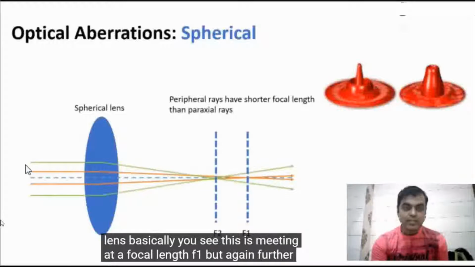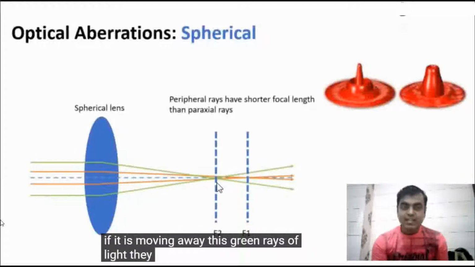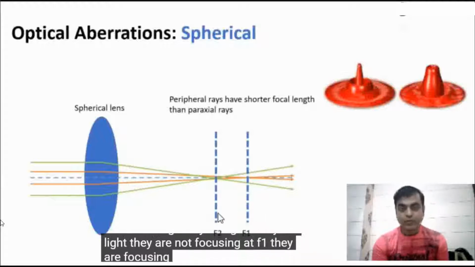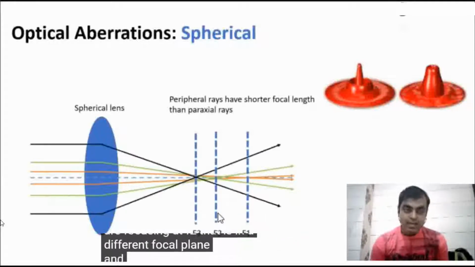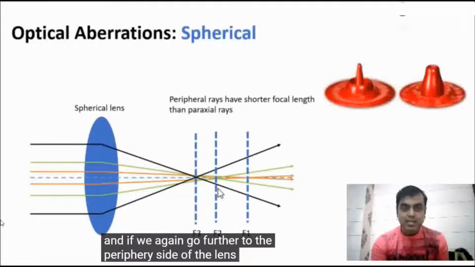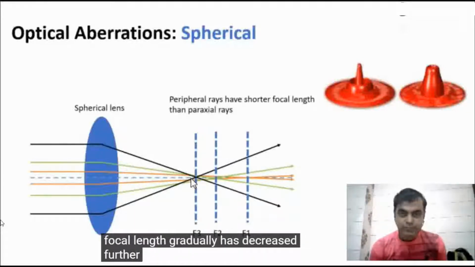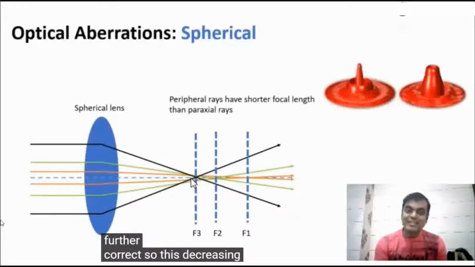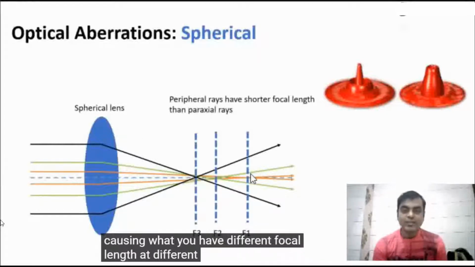But if we move further away, these green rays of light are not focusing at f1, they are focusing at f2, which is a different focal plane. And if we go further to the periphery of the lens, the focal length gradually decreases further. Correct? So this is causing what? You have different focal lengths at different points.